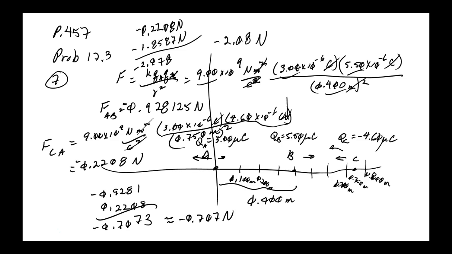Okay, the force is on charge A. Force of B on A is going to be pulling it in the negative direction, and the force of C on A, they're both positive, so they're pushing apart.